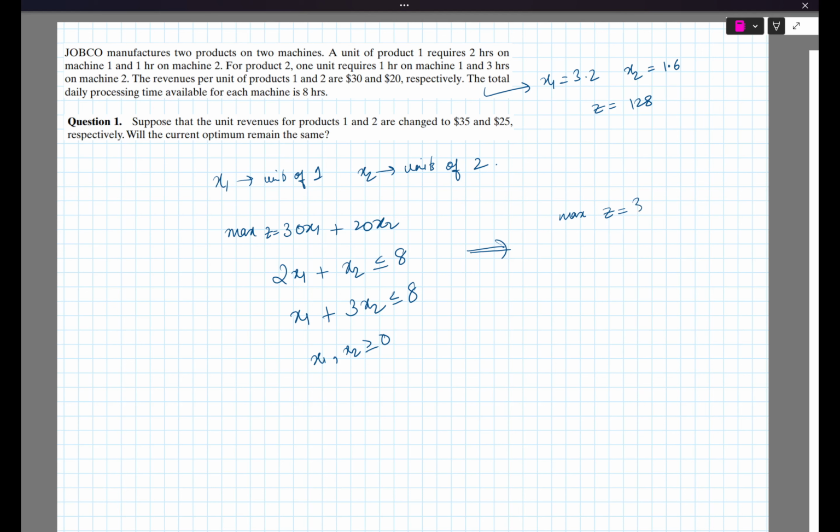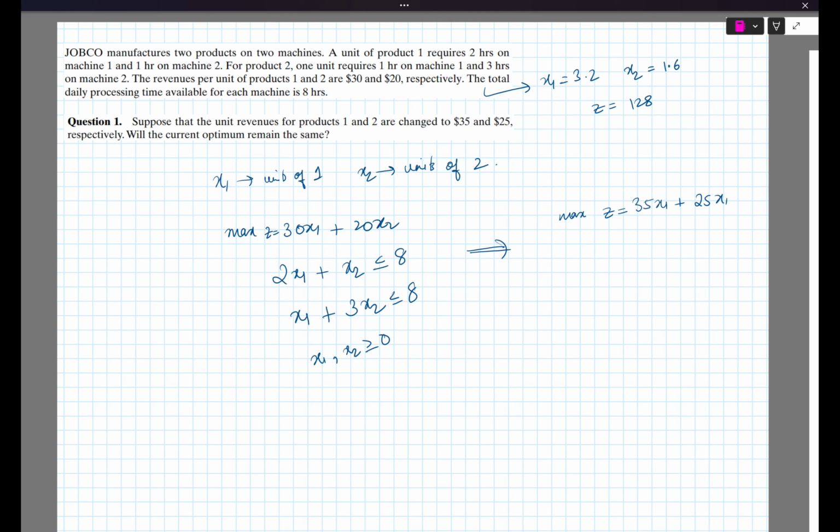So with 35, to find the solution you just have to solve this, right? Yes. And I think the current optimum remains the same because in the constraints we are not changing anything. But that doesn't mean it, because the cost is also a factor.